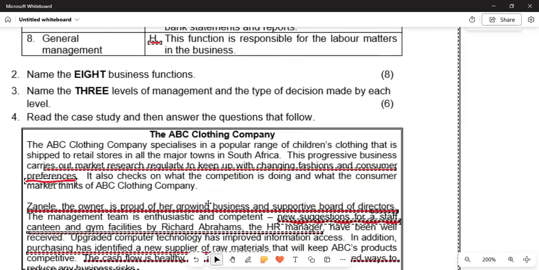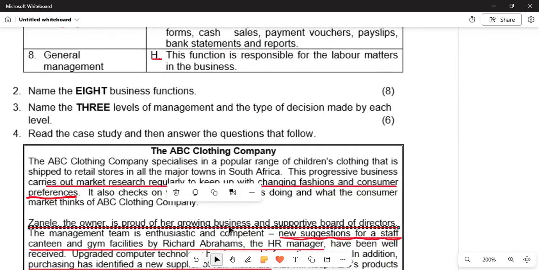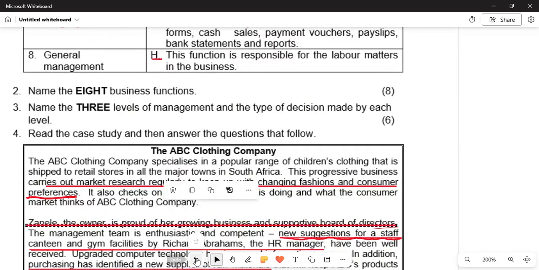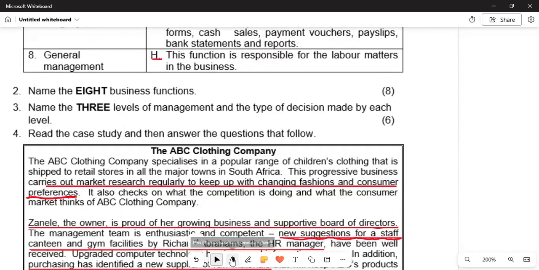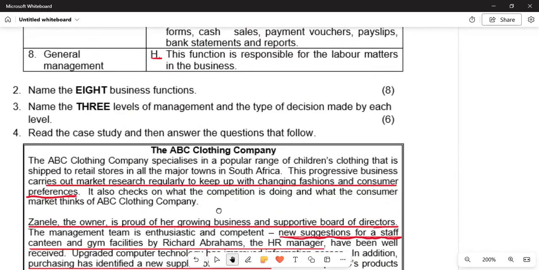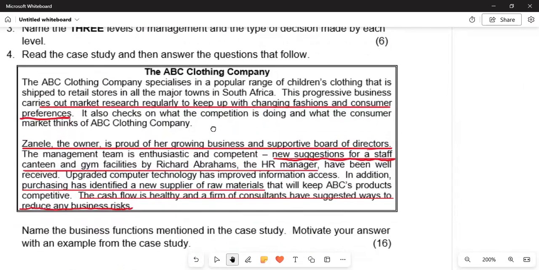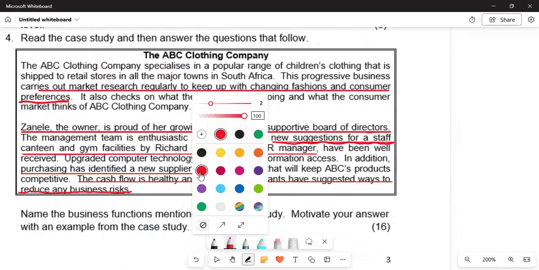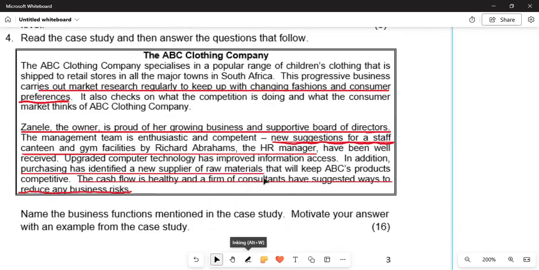Now we have to move on to the extract that we are given. So let us make it clear so that you can see it clearly, and then we'll read it together so that we are going to understand it.